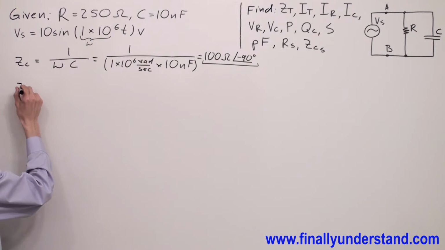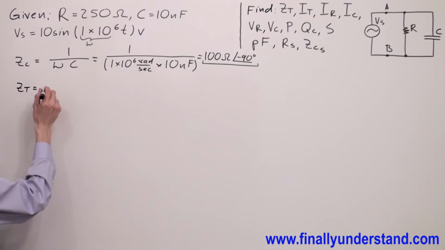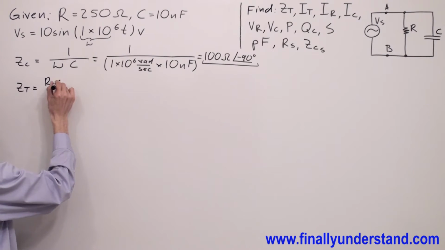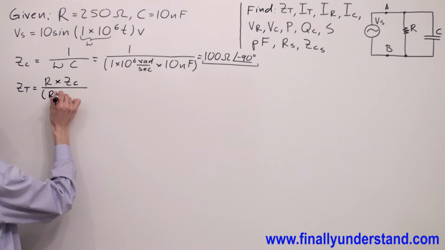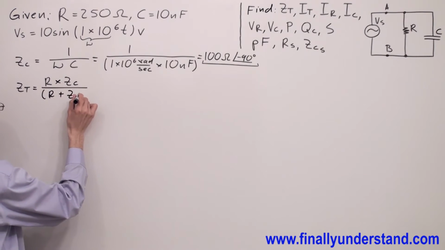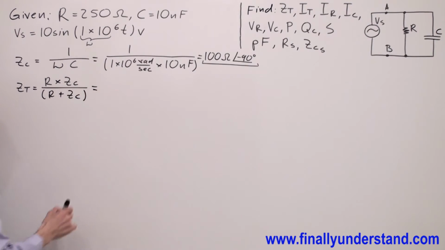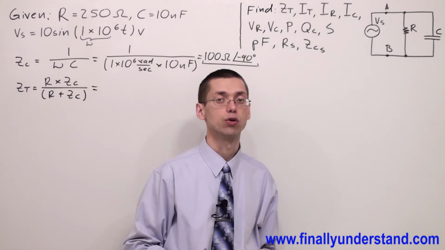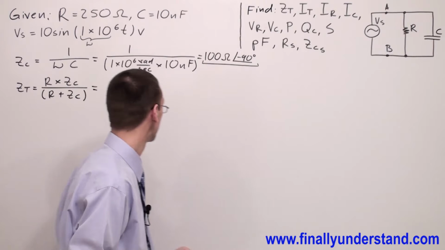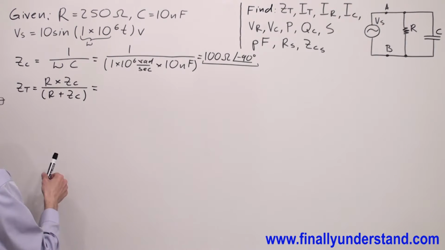So I have Z total is equal to R times Z of C over R plus Z of C. Why? Because I have just two components connected in parallel. That's why I'm going to use the product over the sum.